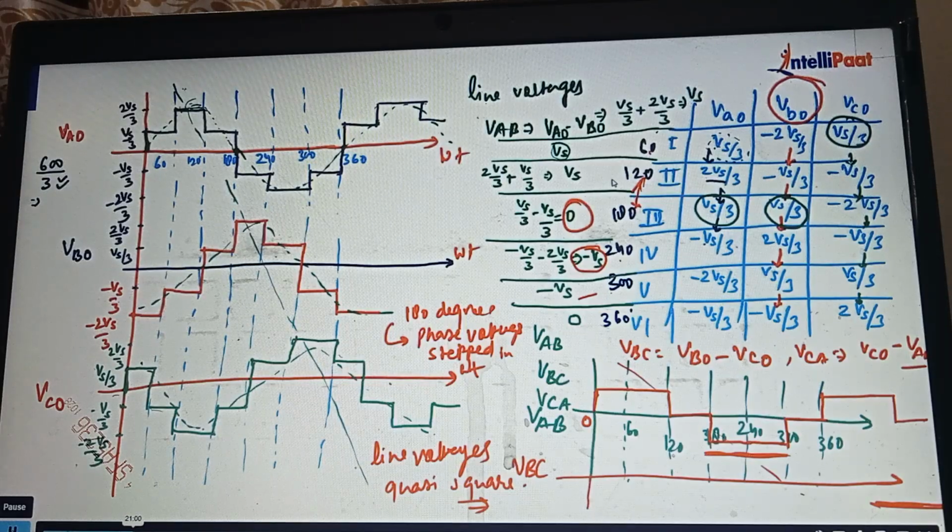For the third step, we have 0. For the fourth step, we have minus VS and 0, and so on. For the first step, we have drawn a constant value because the input voltage is constant.